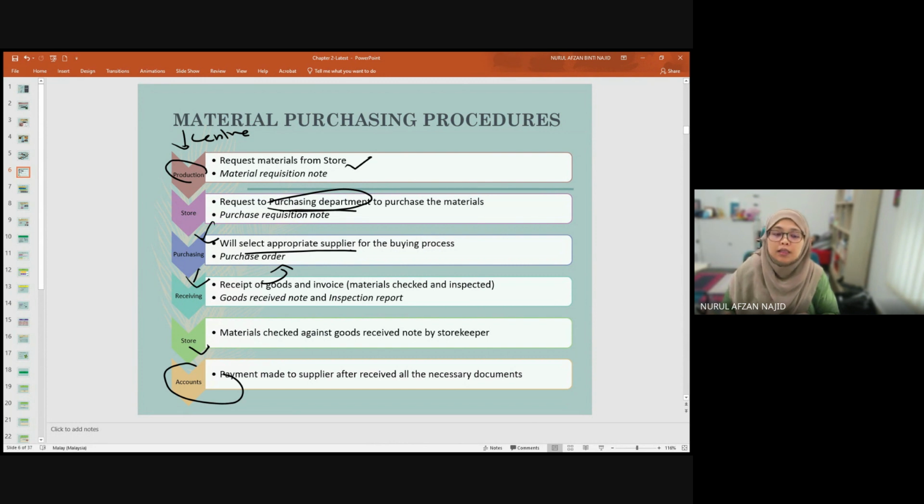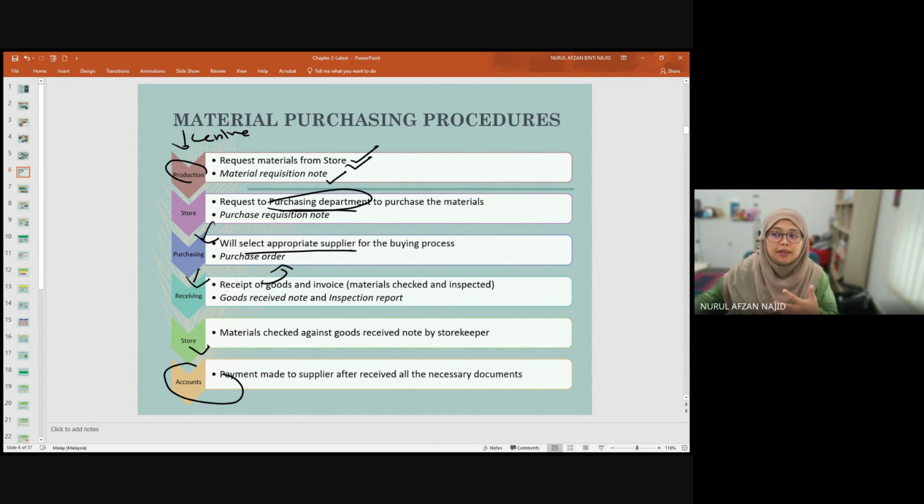So dia akan terima all the documents yang related to make a payment. Okay, so itulah cycle yang akan berlaku dalam material purchasing procedure daripada production sehinggalah kepada account department. So kalau you perasan, each of the center tersebut dia akan ada what are the function of the center and also what are the document involved in the department.